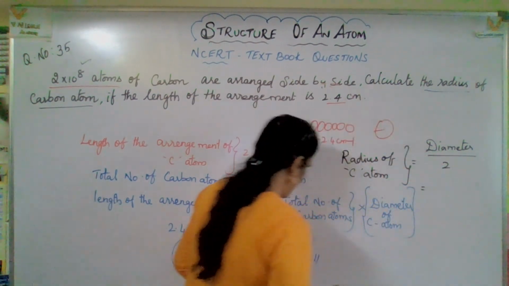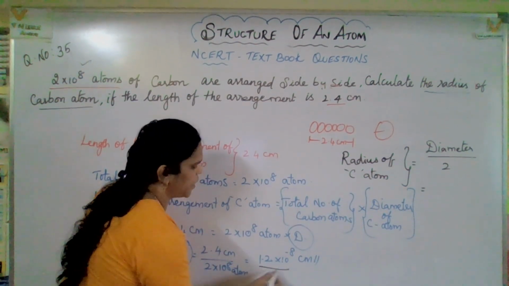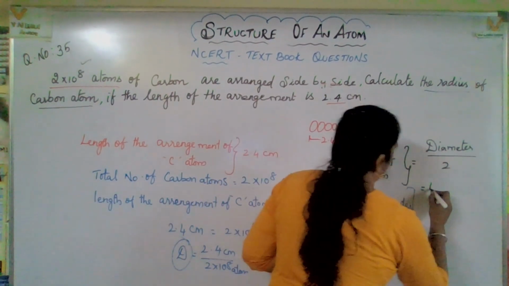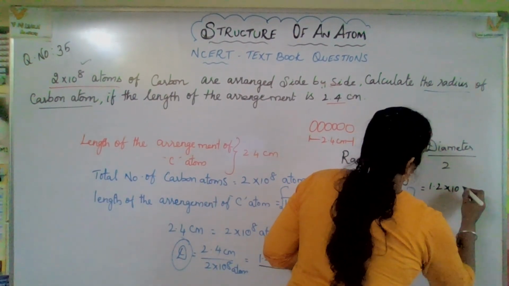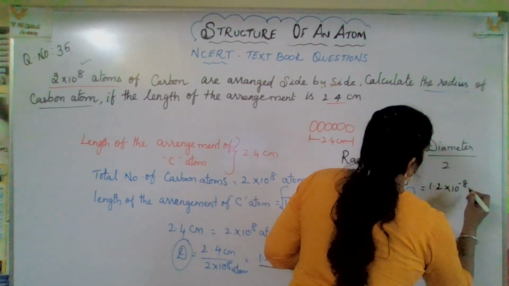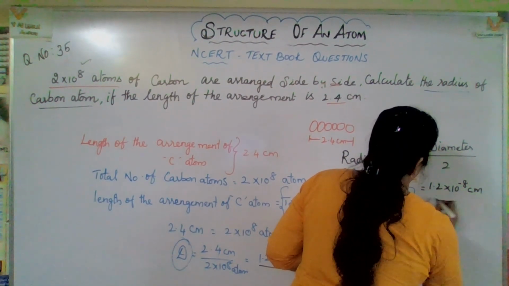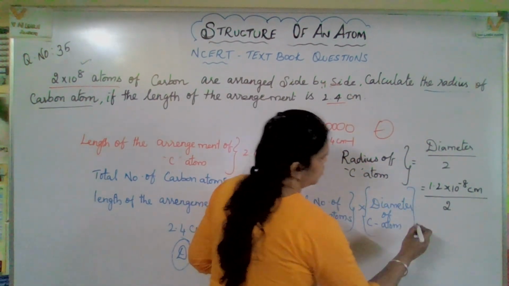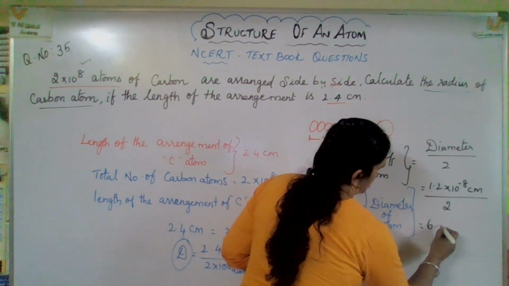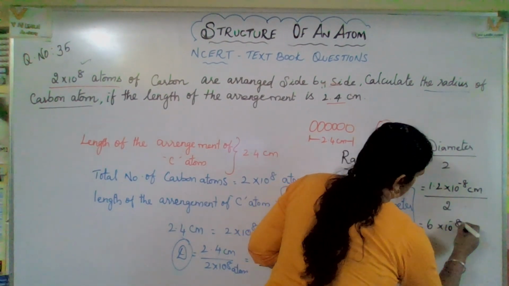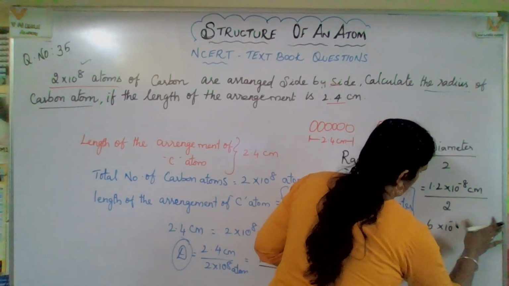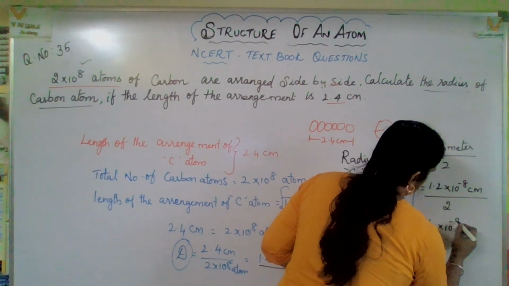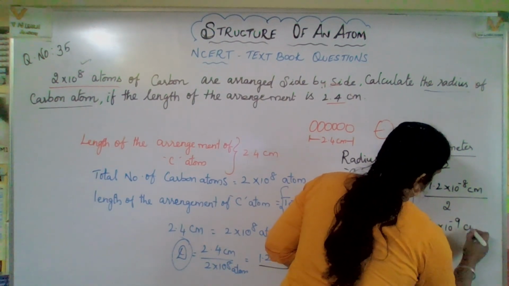Here you received 1.2 into 10 to the power of minus 8 centimeter, divided by 2. So you will get 6 into 10 to the power of minus 9 centimeter.